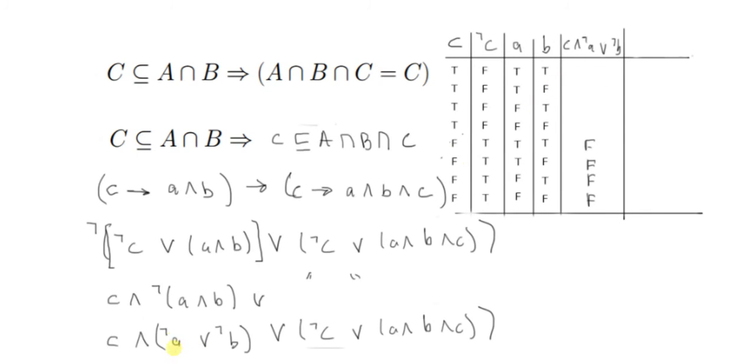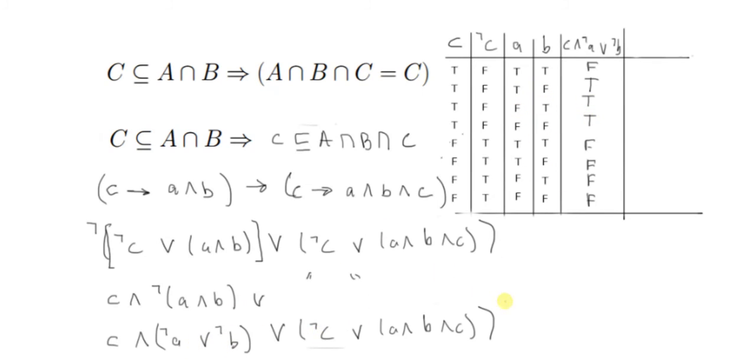And now either not A or not B has to be true, so one of these has to be false. Here, both of these are true, so that doesn't work. Second row, this one's false. Third row, this is false. And fourth row, this one's false. So we're good for these 3 rows here. C is true for all 3 of these, and there's at least A or B that's false for these 3.